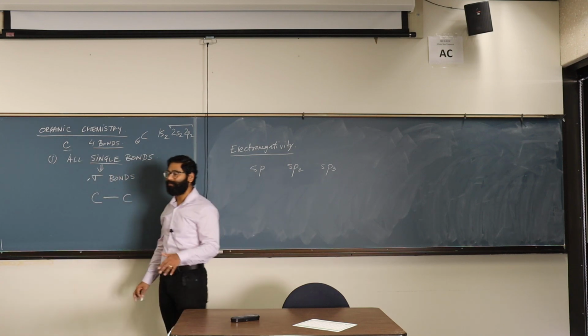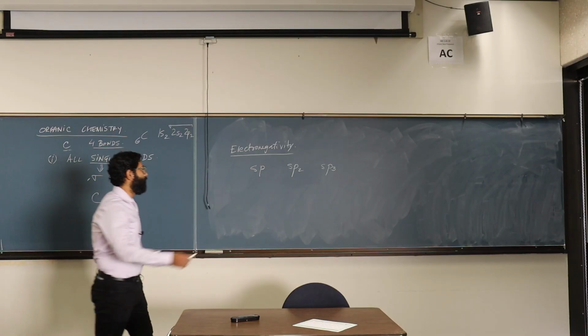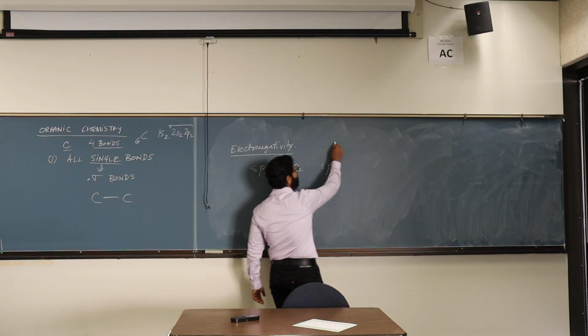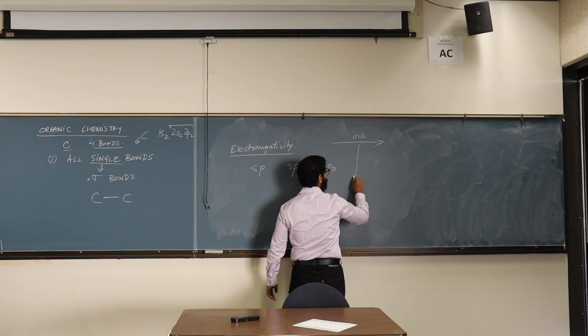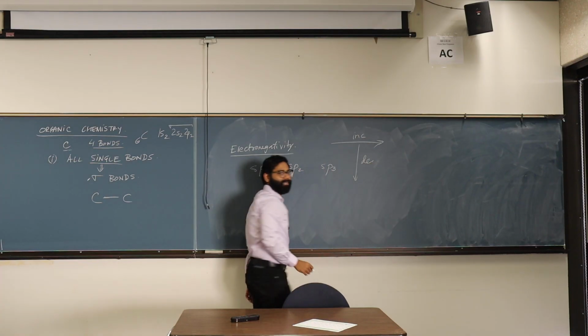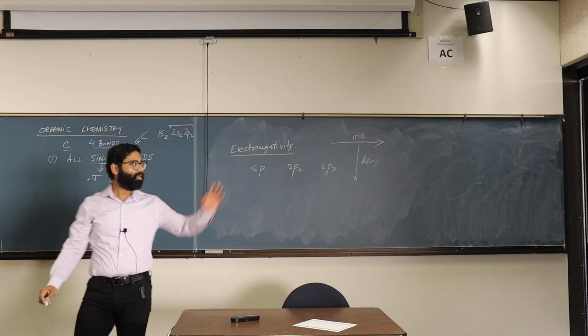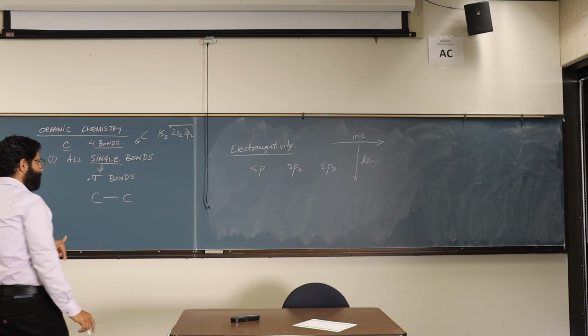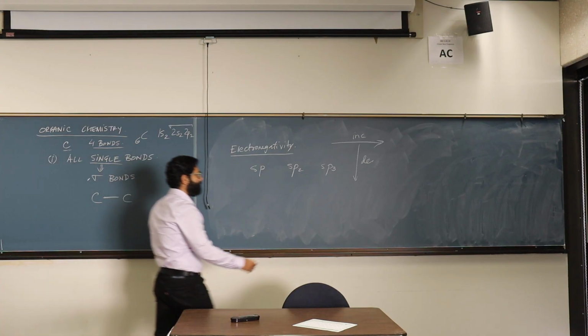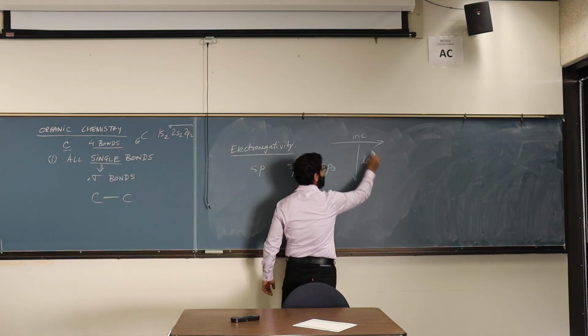Because you saw the electronegativity trend in the periodic table. What happens to electronegativity? It increases from left to right and decreases from top to bottom. It is related to the size.